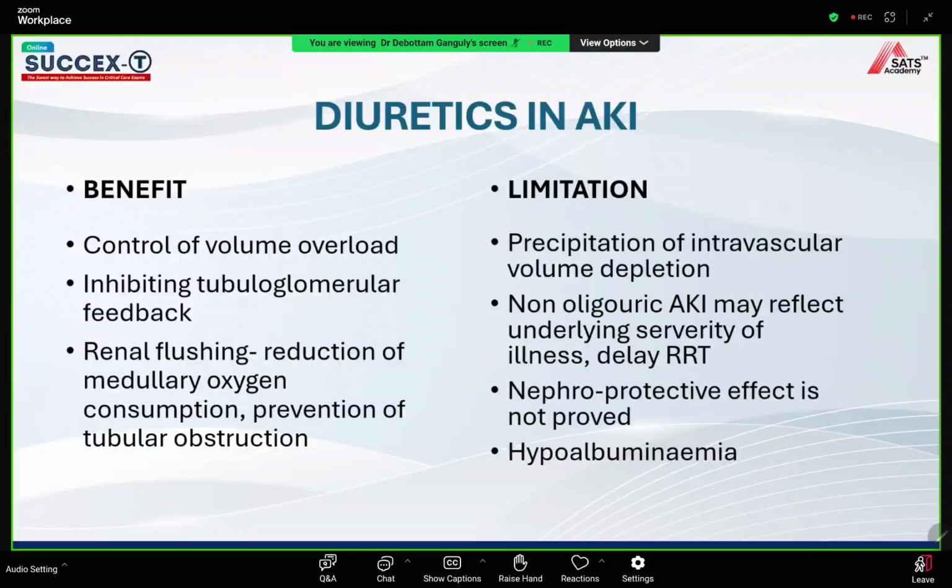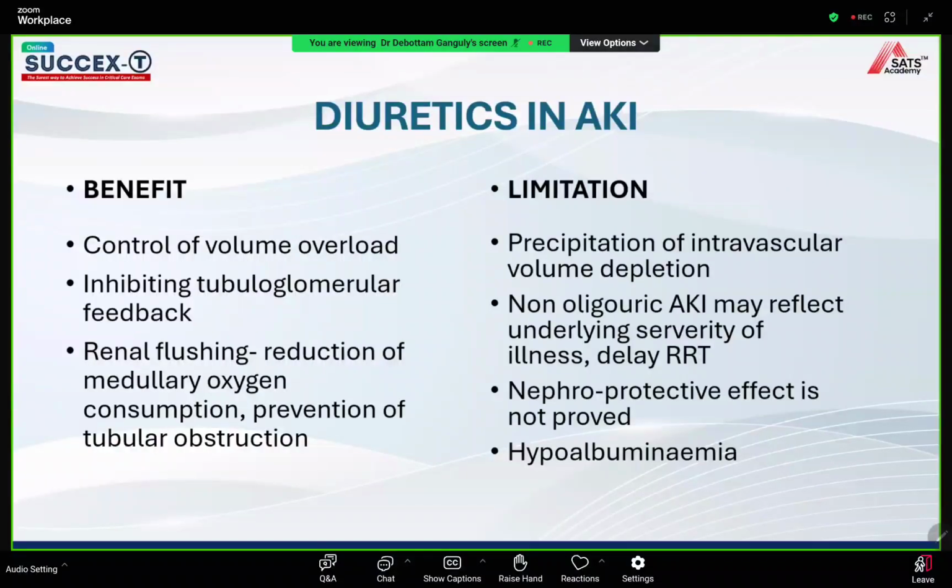We know it inhibits tubuloglomerular feedback, gives renal flushing, reduces medullary oxygen consumption, and prevents tubular obstruction. Though there is some benefit of diuretic, there are some limitations: precipitation of intravascular volume depletion. If, prior to adequate volume resuscitation, we give Lasix or any diuretic, that can lead to intravascular volume depletion.